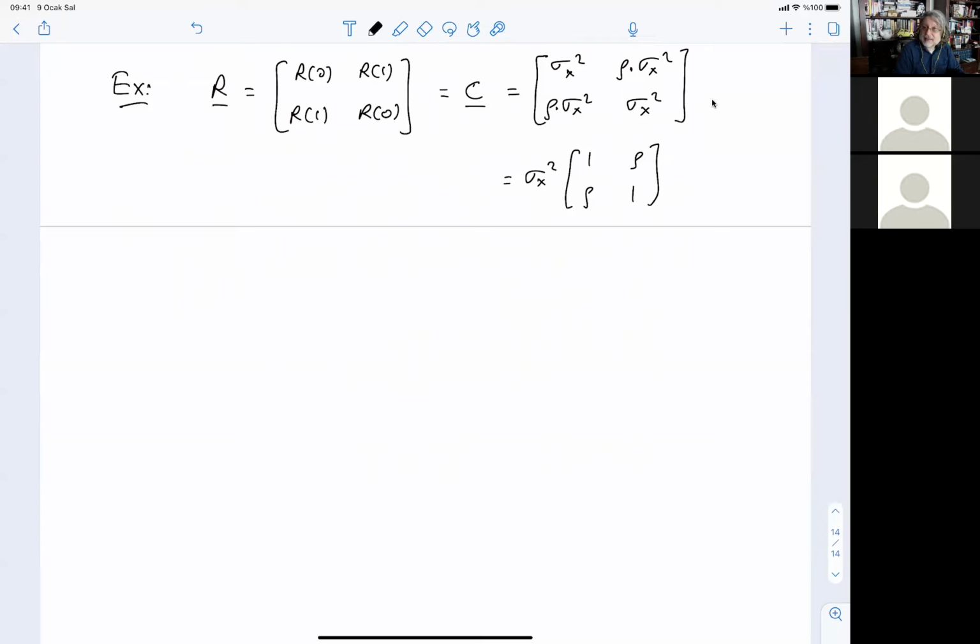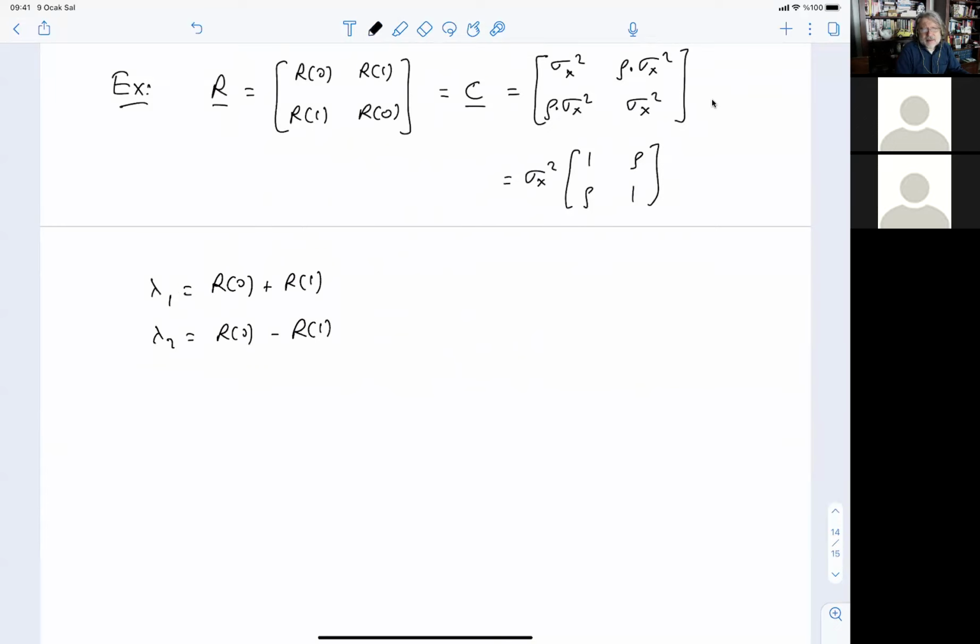Okay, all along we did the optimization, which tells us that for the KLT, for the optimal transform, you need to find the eigenvalues and the eigenvectors. And the eigenvalues will be, for this one, R0 plus R1 will be one eigenvalue, and R0 minus R1 will be the other eigenvalue.